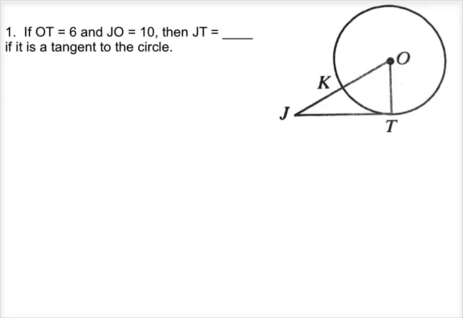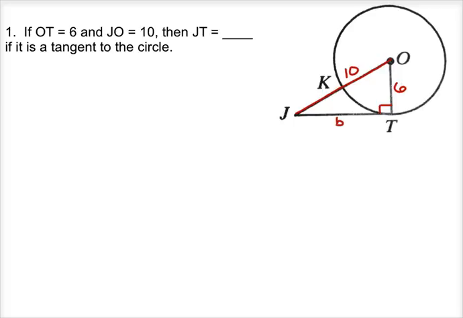Number 1: if OT equals 6 and JO equals 10, then JT equals what, if it is a tangent to the circle? If JT is a tangent to the circle, I know that this is going to be a right angle. They told me that OT was 6, JO, the entire length out here, was 10, and they want me to find JT. So this is just the Pythagorean theorem where I'm missing either my A or B value.